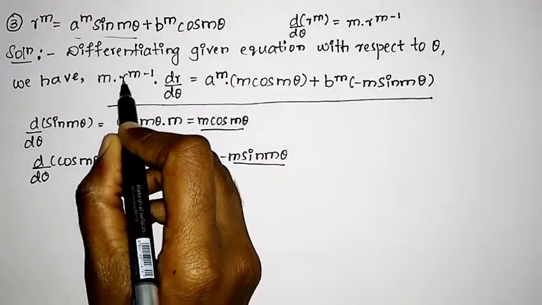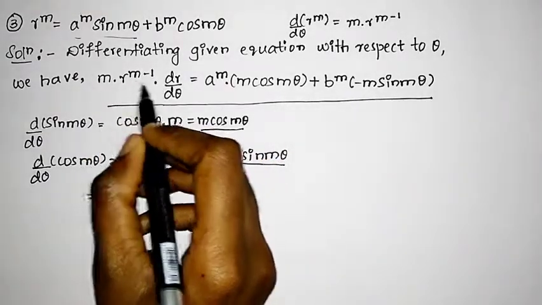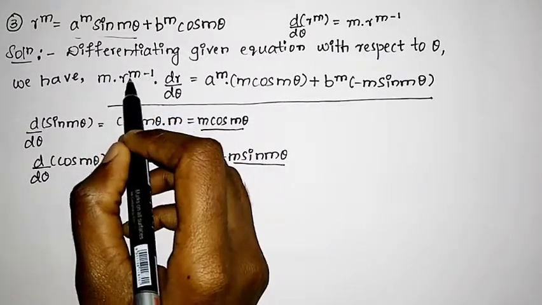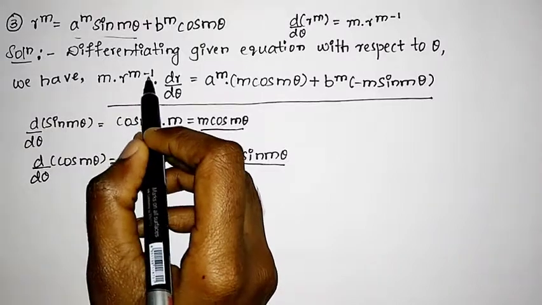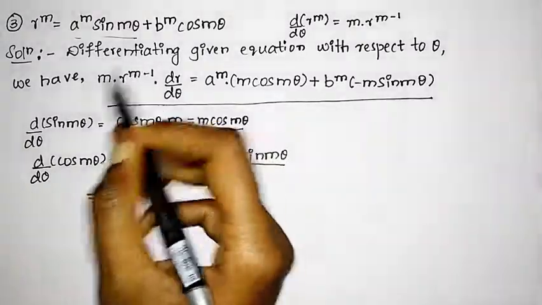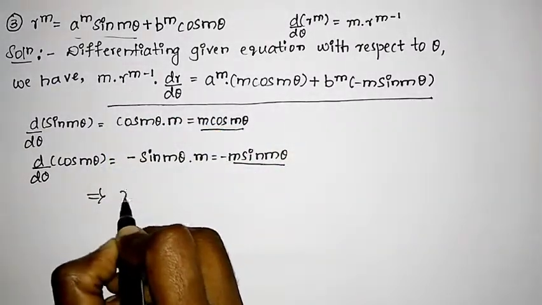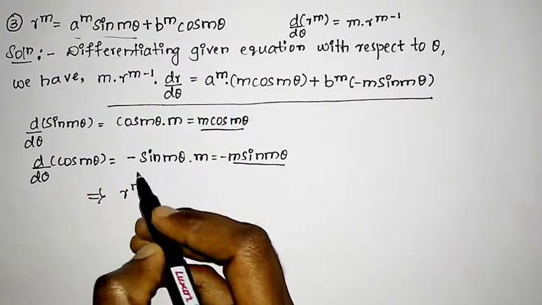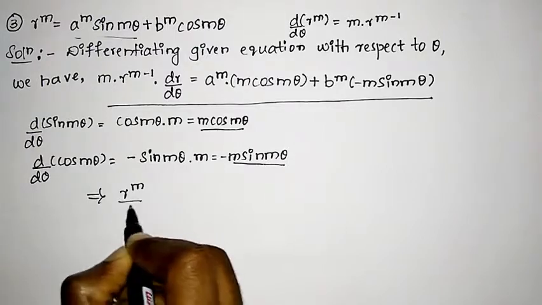So we have m into r raised to m minus 1. This m minus 1 we can also reduce. Because m into r raised to m, here there is a minus 1, we can take it as denominator. So keeping r raised to m as it is, we have r raised to m divided by r.